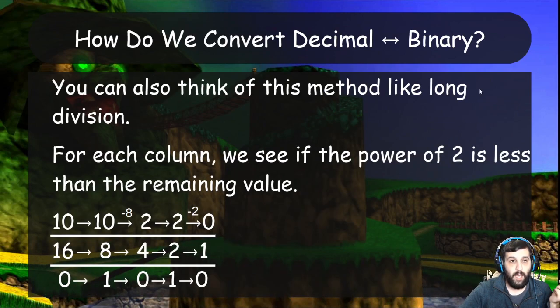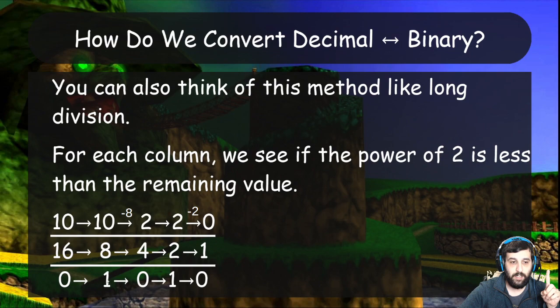Another way you can think about it is long division, right? If you have 10, we'll take a large power of 2 value. It doesn't fit there, we'll move it over. With 10, how many times can 8 go into 10? 1 time.